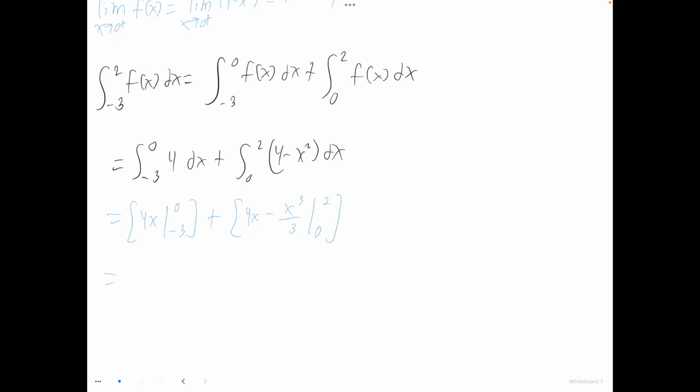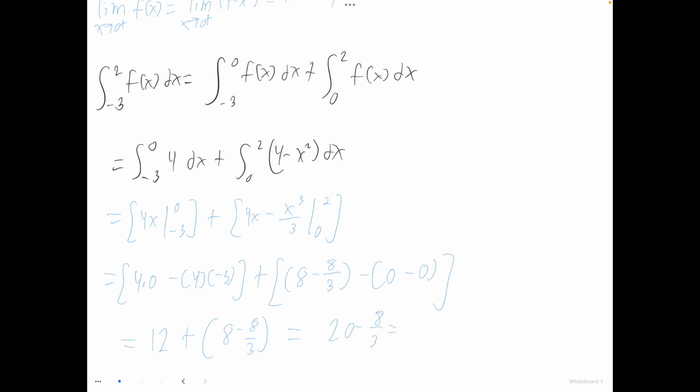Now plugging things in, this gives us 4 times 0 minus 4 times minus 3, plus 8 minus 8 over 3 minus 0 minus 0. So here we get 12 plus 8 minus 8 thirds, so we get 20 minus 8 thirds.